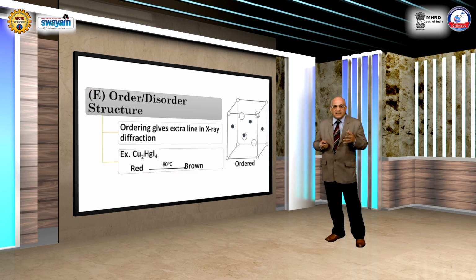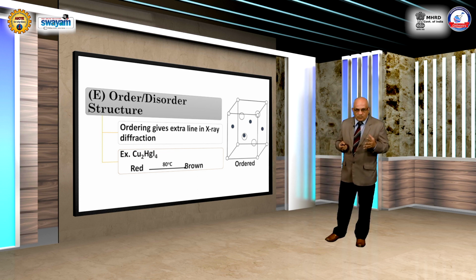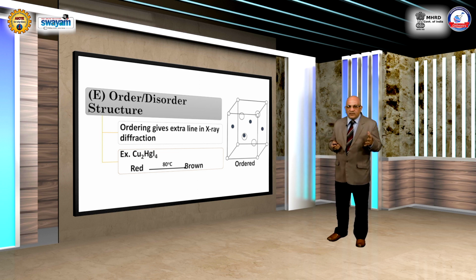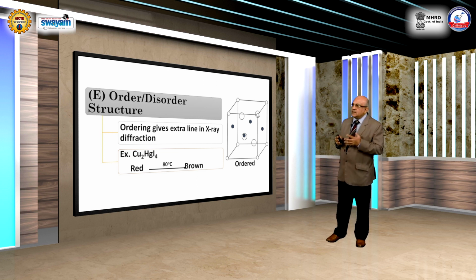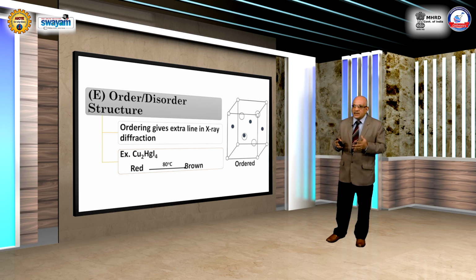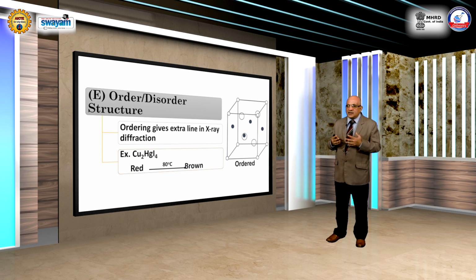You can study order disorder through powder X-ray diffraction. If you have an ordered structure and a disordered structure, by varying the temperature and taking X-ray at lower temperature and higher temperature, you will get additional reflections or additional lines in your X-ray diffraction pattern when it is ordered. When it is disordered, you will have fewer lines.